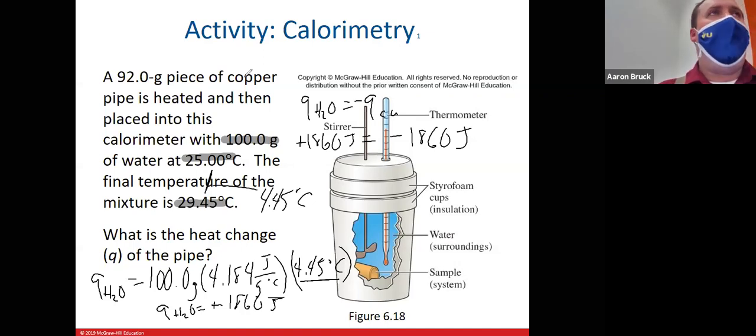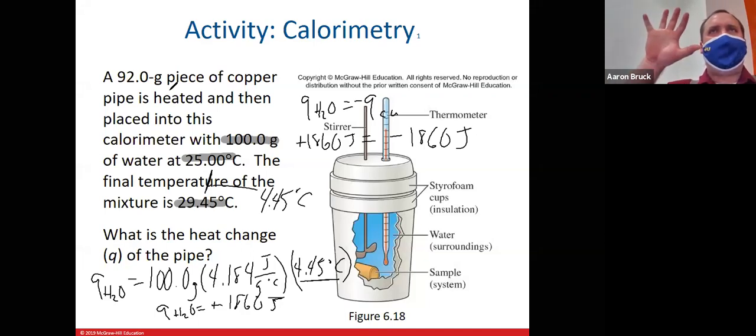Say this bag of Cheetos has 130 calories per serving. Well, how did I figure that out? A calorimeter experiment says that it generates this many per gram, and a serving size, that little bag of Cheetos, has 112 grams in it. I can multiply those two numbers together to get the number of calories in the little bag of Cheetos. And that's where this technique is most often used.